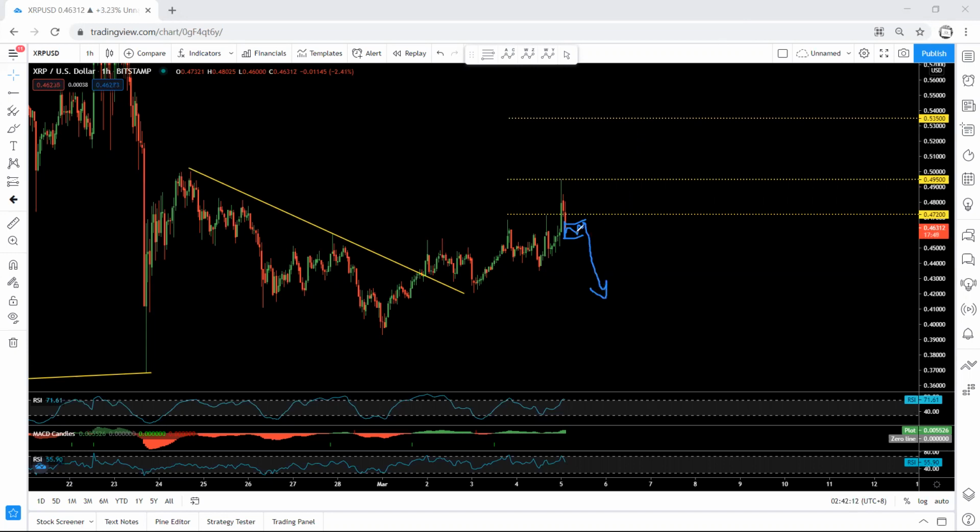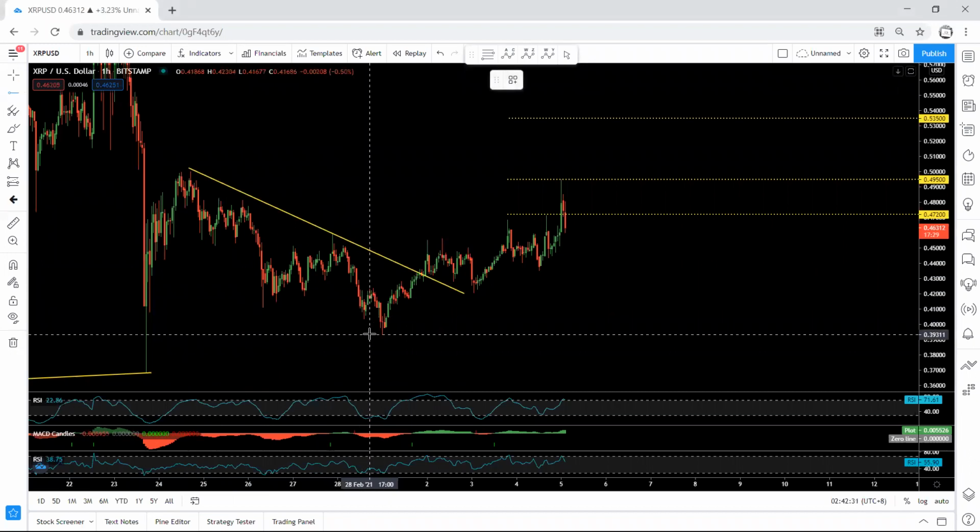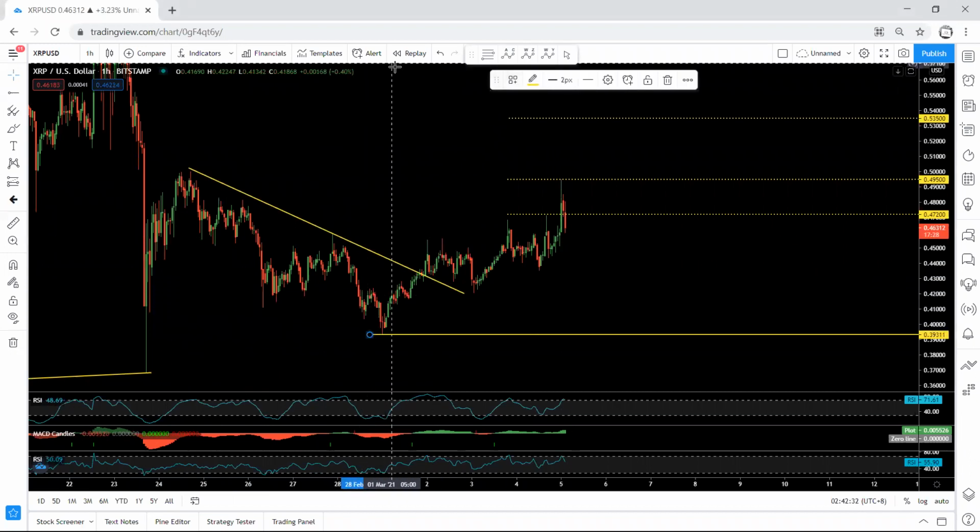If the price drops, we don't need to wait for the breakout of this low or this one. As long as we get the drop even to this low here, then on any reversal we will look for buy, because as we mentioned, the price can drop to this low. Where is this low? If I put my line here, it is almost 0.39.